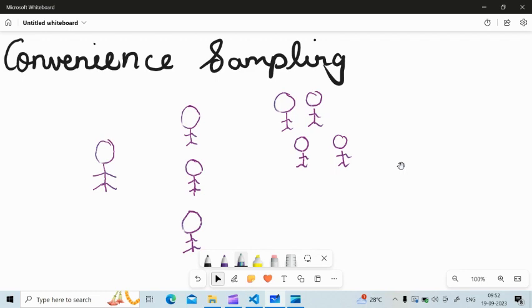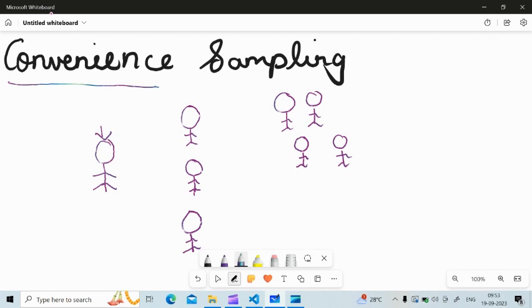So when we start with convenience sampling, the word itself says it is based on your convenience. The same thing happens in our convenience sampling. In this technique, the samples are selected from the population based on the researcher's convenience. Here I need to conduct a survey based on any product, to find what the audience experience is with the product.